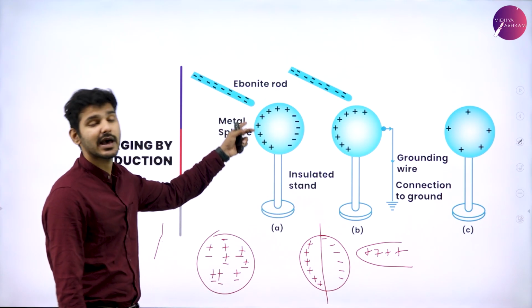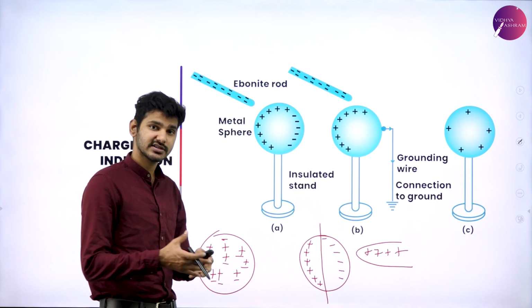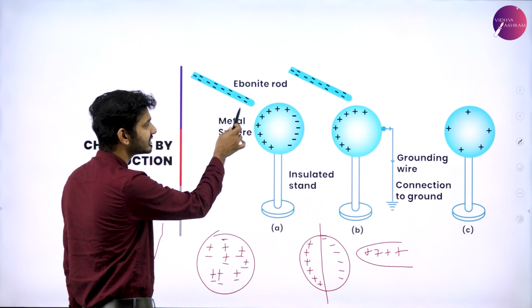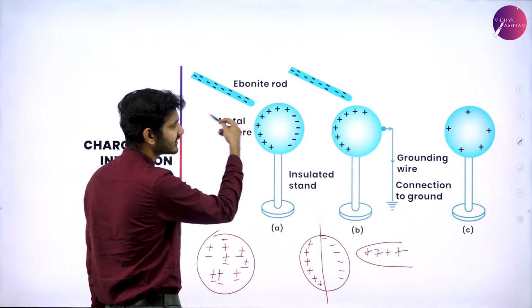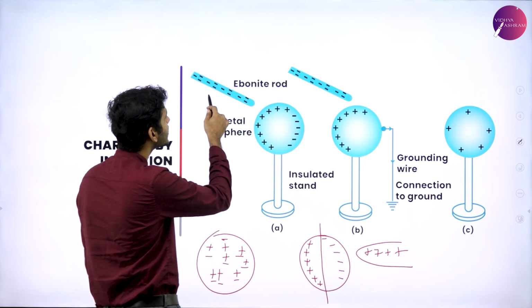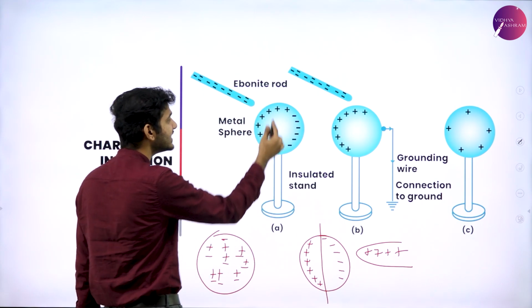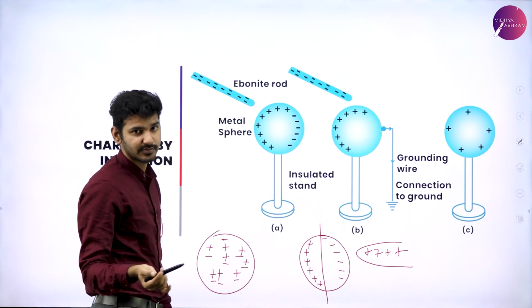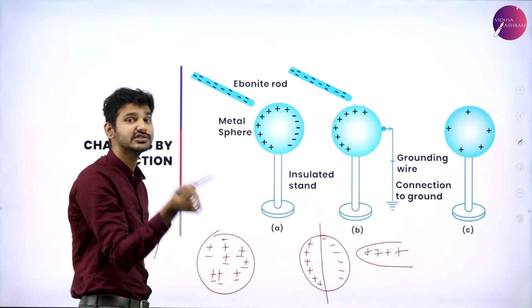A metal sphere is used because charges can freely move about the material. So when this negatively charged ebonite rod is brought near a metal sphere, a region of positive charges and a region of negative charges are developed because of the influence of this negatively charged rod.